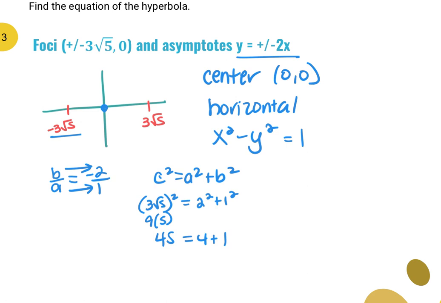So the tricky part is trying to figure out what two perfect squares add together to give you 45, and their ratio would be 2 to 1. If you think about your perfect squares that are both perfect squares with a ratio of 2 to 1, that would be 9 and 36. When square rooted, it's 3 and 6, which is 2 to 1.